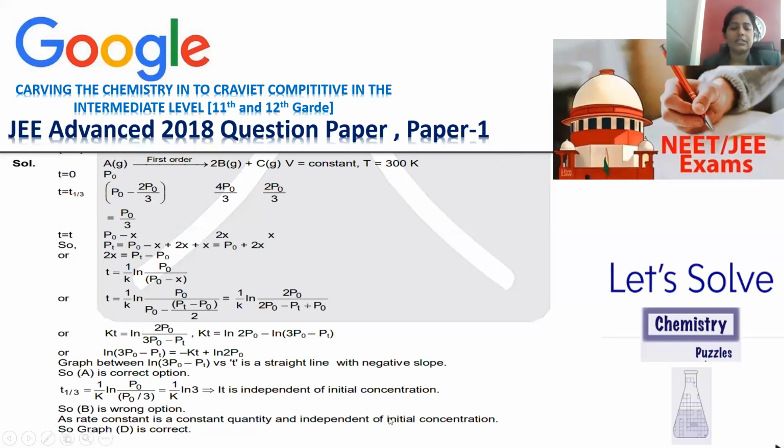Sorry for the disturbance. Let me continue. And the final equation will become ln (3p naught minus pt) is equal to negative kt plus ln 2p naught.